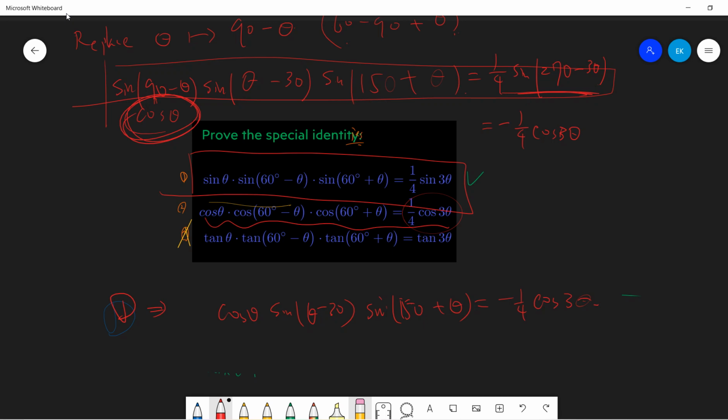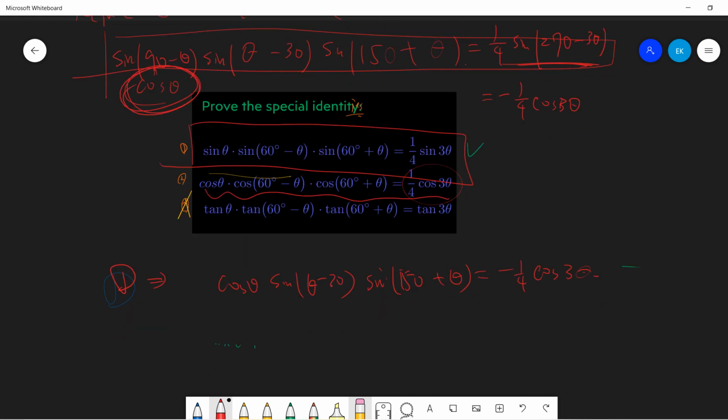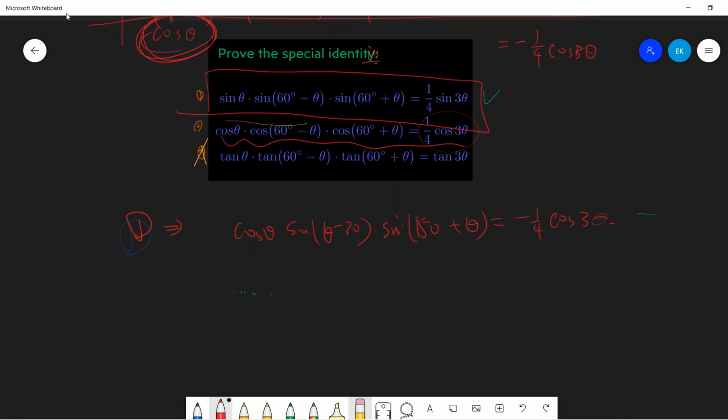Let's see. If this is correct, then we hope to prove this is correct. So all we need to show, if we move this minus sign, is that minus sine theta minus 30 sine 150 plus theta will be the same as cosine 60 minus theta cosine 60 plus theta.